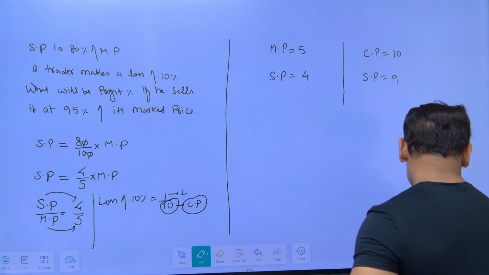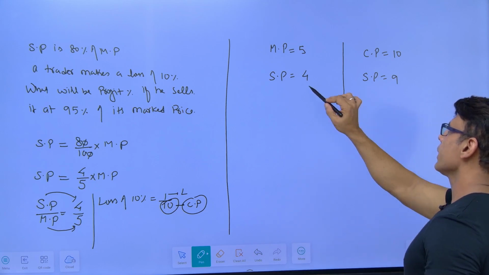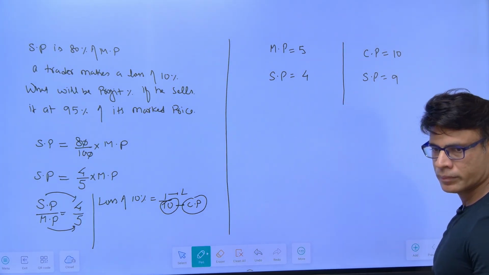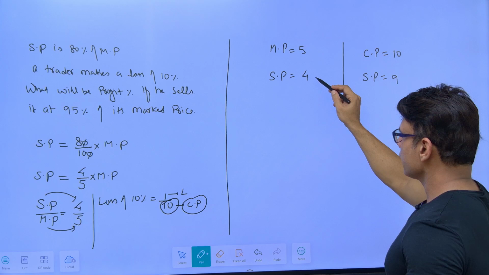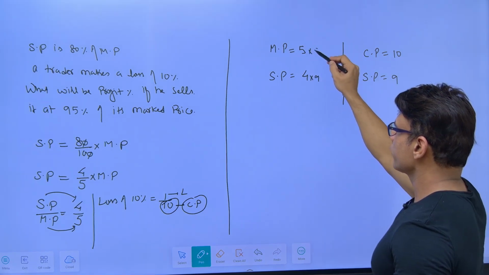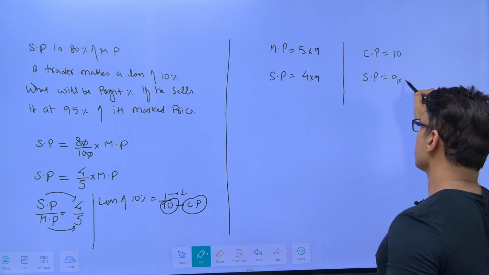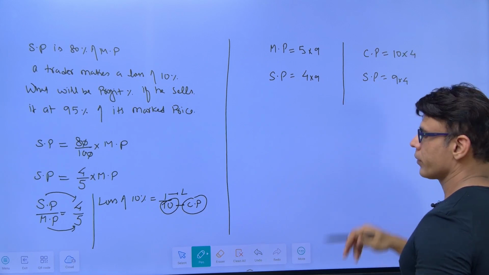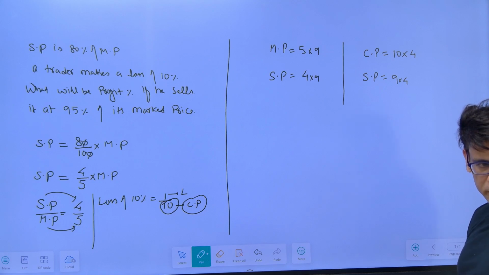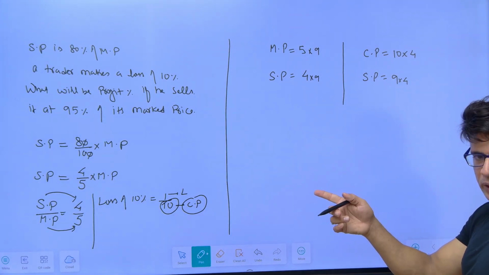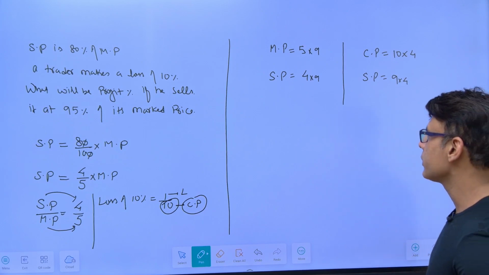But since I am comparing both the ratios, selling price in both cases has to be the same. Here it is 9, here it is 4. Multiply this 9 with both and this 4 with both, so that your selling price becomes equal in both cases.